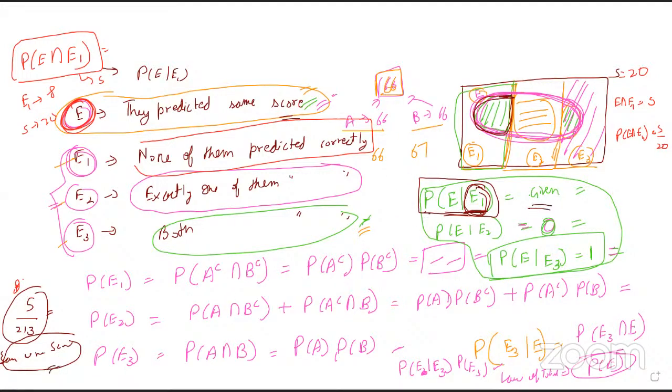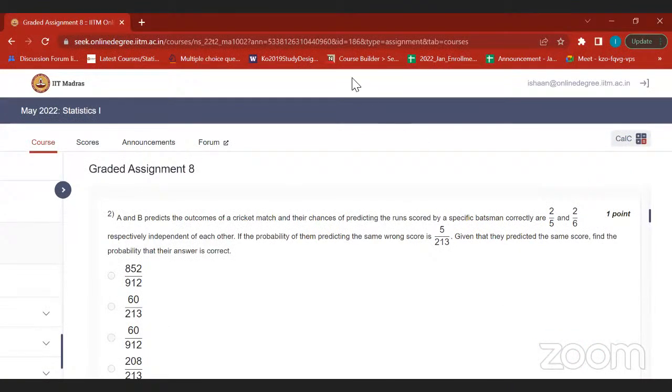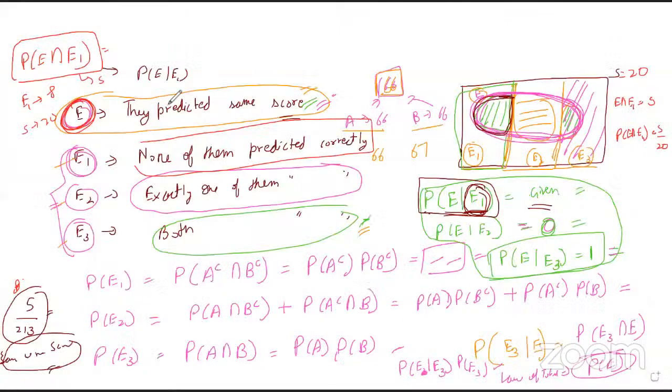Sir, after you, may I speak? So after you made your conditions, taking E as getting the same answer, and B as no one getting the correct answer, E2 is 0 because nobody can predict a correct option without predicting the same score. And E3, so there are only two conditions left: none of them predicted correctly, and both of them predicted correctly, as they're predicting the same score.